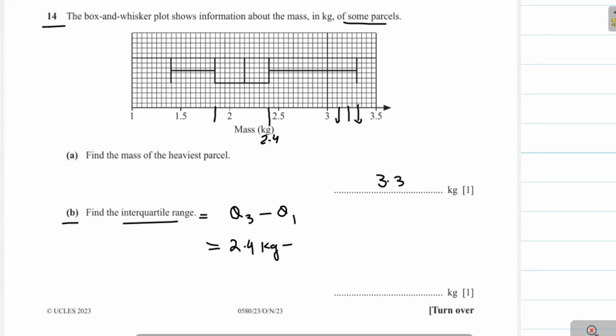You see here, this is the lower quartile value. Now this is 1.6 and that is 1.7. This is 1.8 and that is 1.85. And therefore we write minus 1.85, and the difference will be equal to 0.55 kg, and this is the answer.